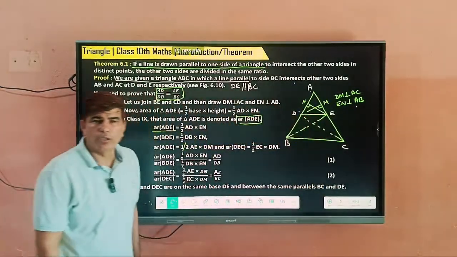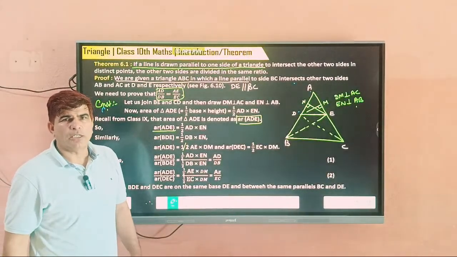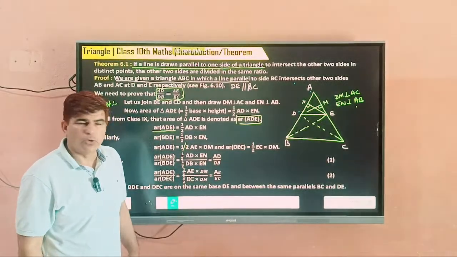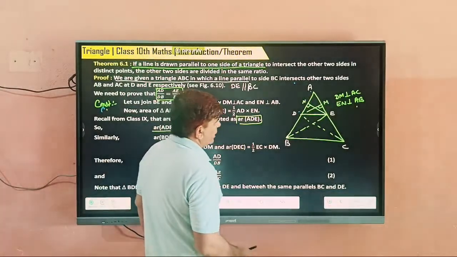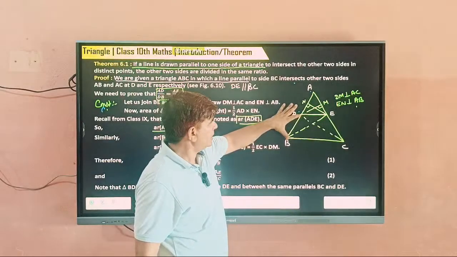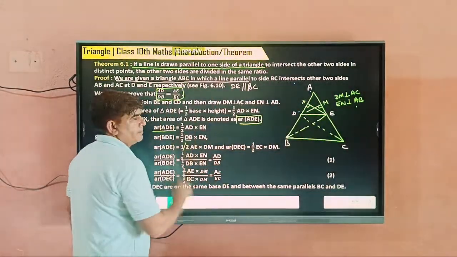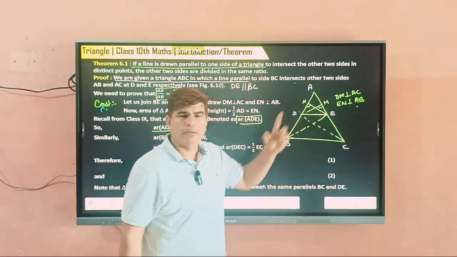We can find the area of this triangle also with the same formula, half base into height. The base here is definitely DB, so we take half into DB, and the perpendicular is EN.